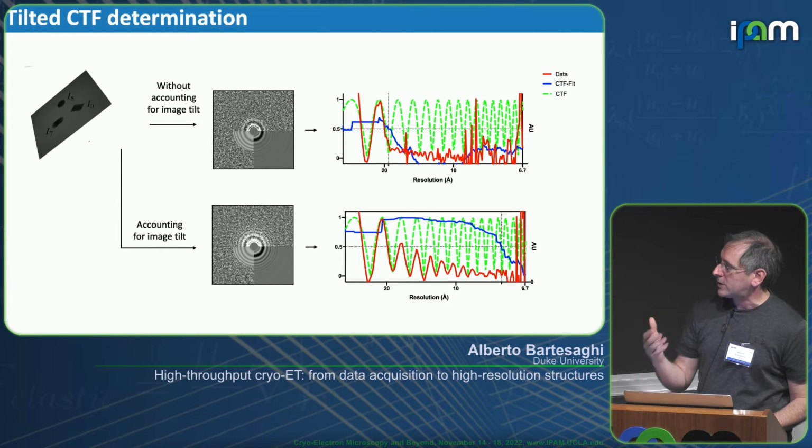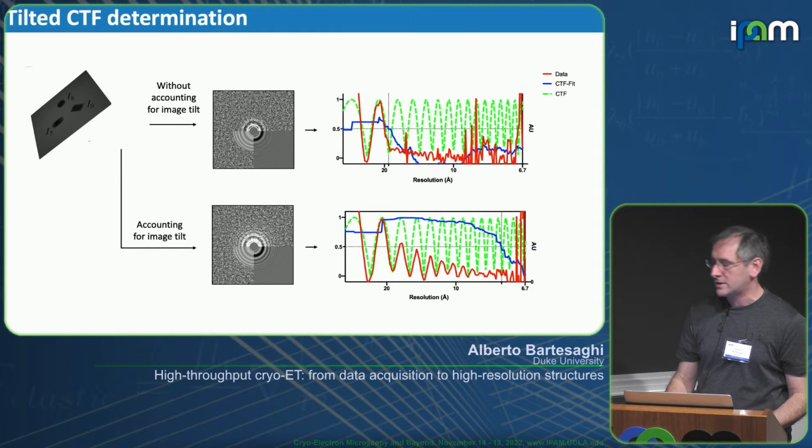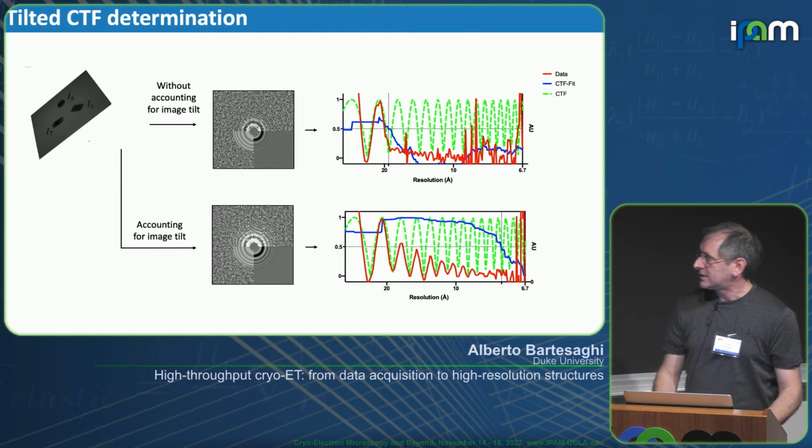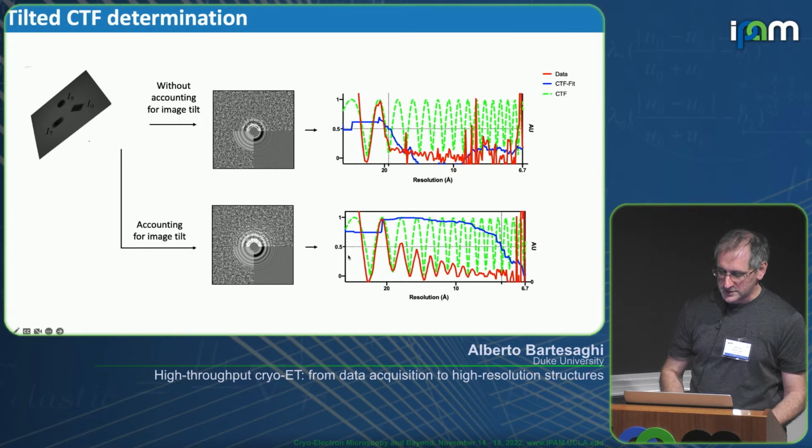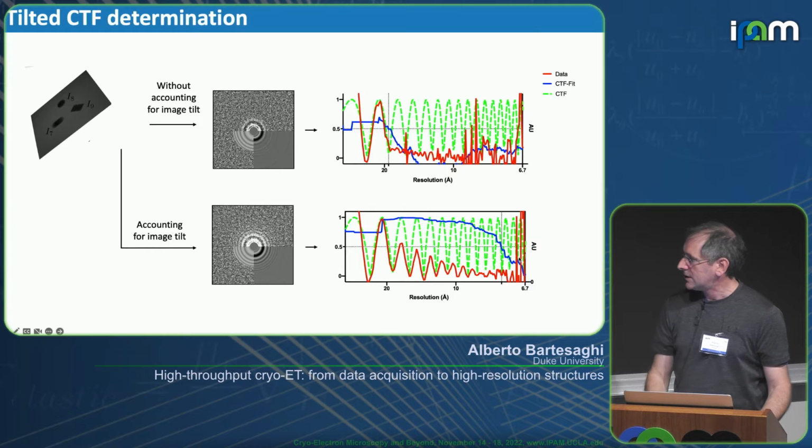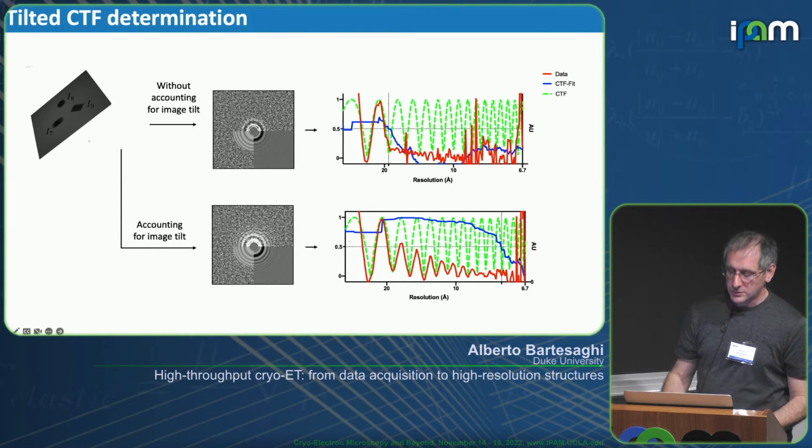So if you were able to align your tilted images correctly, you can account for that change in the focus, and then for the same image you can estimate the signal to much higher resolution, and you can see oscillations to high resolution, which is what we actually need to convert this into high resolution 3D structures.